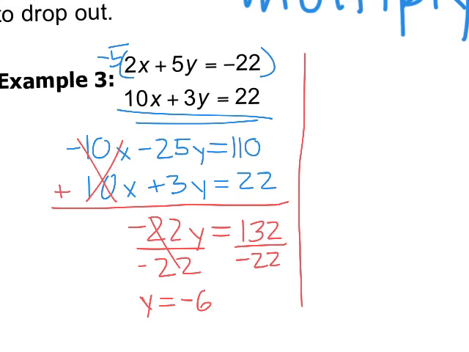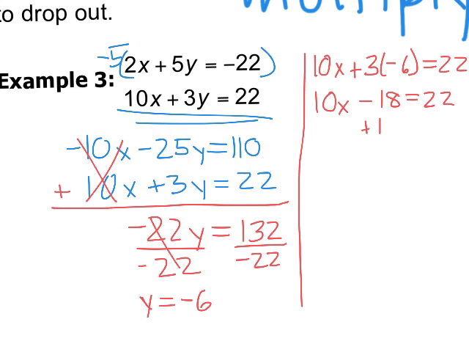So do you guys want to use the top or bottom equation, original equation? Bottom, okay. So 10x plus 3 times my y value, negative 6, equals 22. All right, so I have 10x, 3 times negative 6 is negative 18.